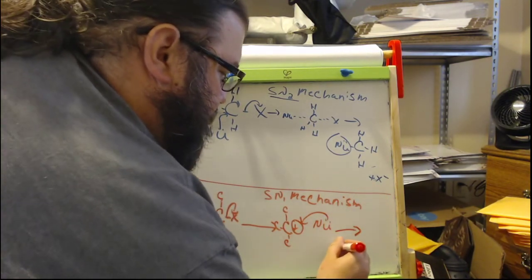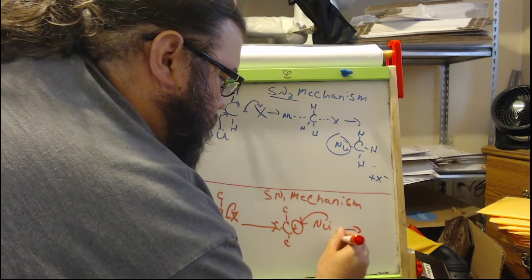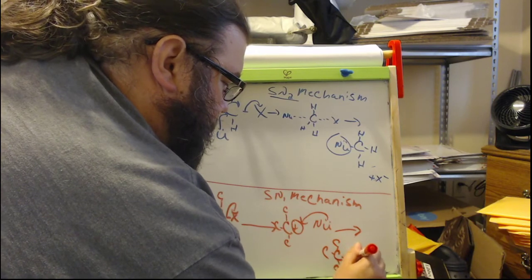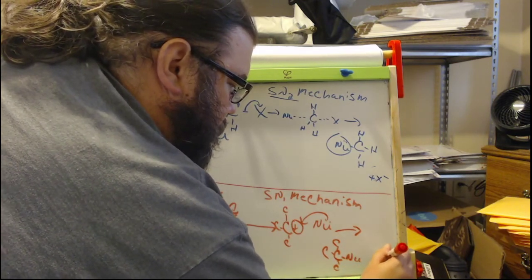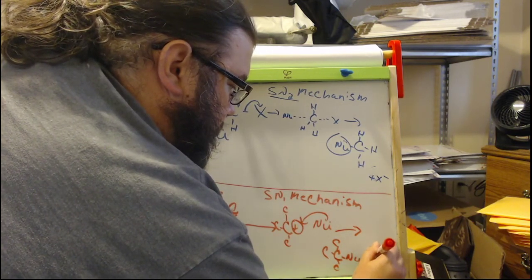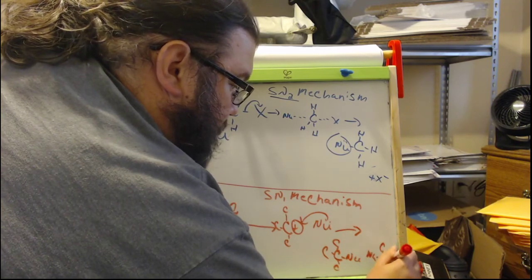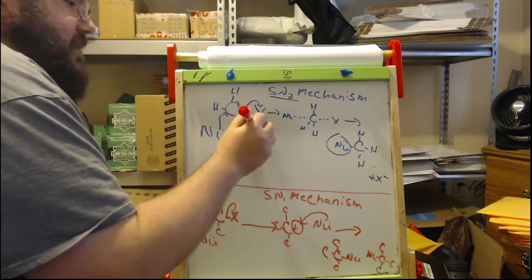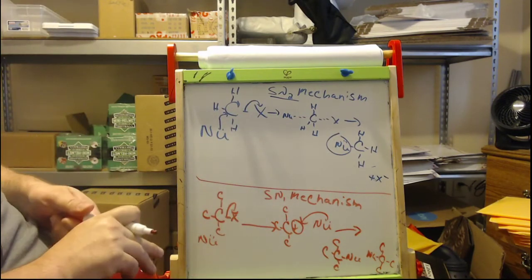Our products. Since I have an open situation here, my nucleophile can actually attach to either side because it's not being forced to come in through what is known as the backside attack.